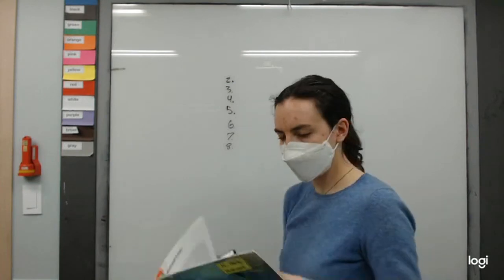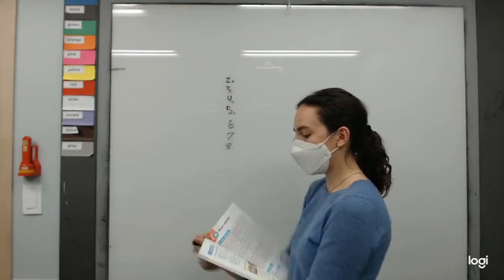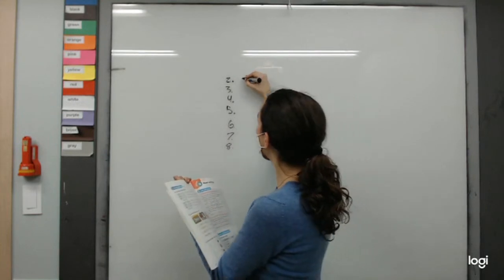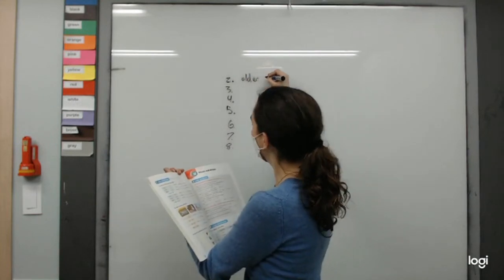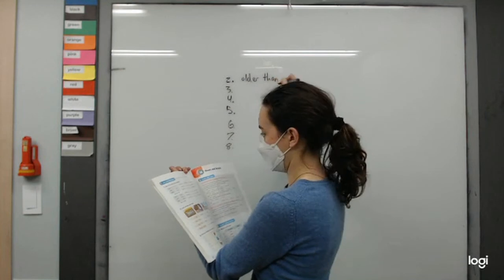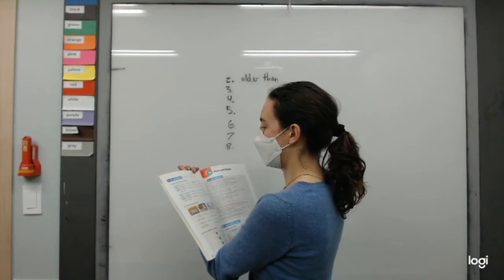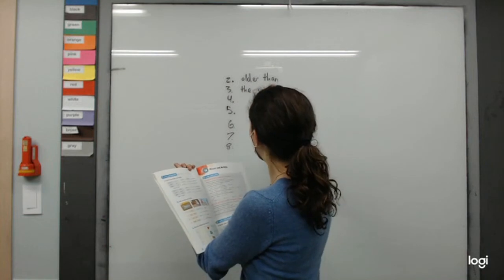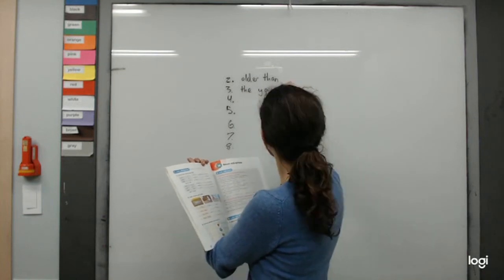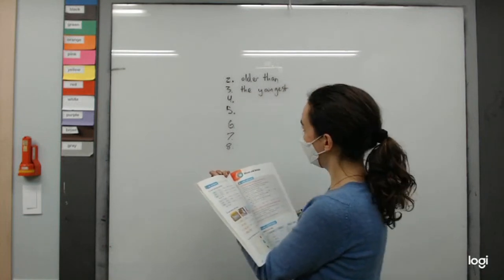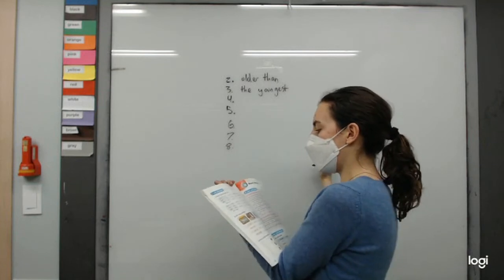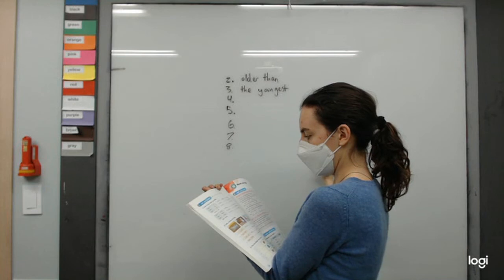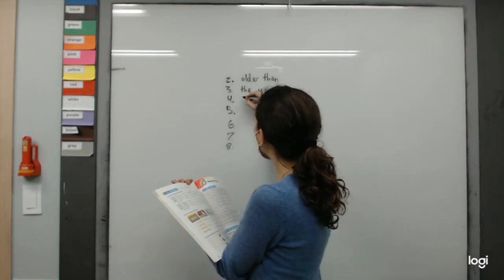Okay. So, John is younger than Mike. John is older than Sam. Sam is the youngest of them all. Mike is lighter than John.